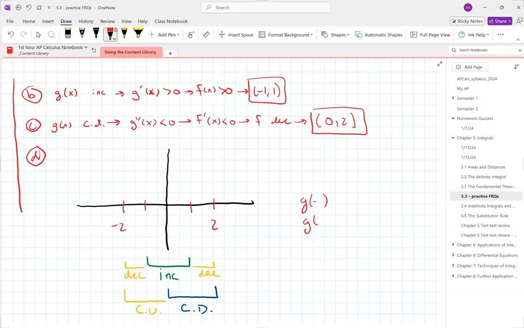So let's do -2, -1, 0, 1, and 2. And here's the thing. -1, we already did that, right? That was 3 over 2. Oh, sorry, -3 over 2. Thank you.